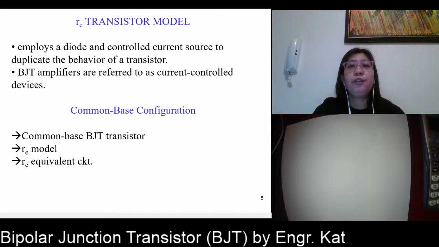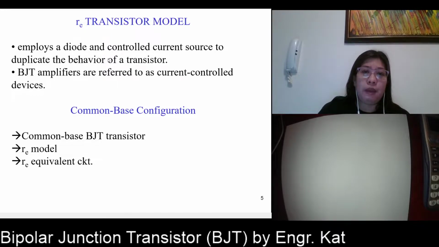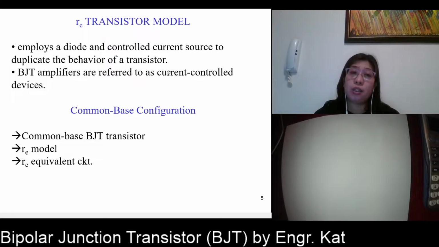The RE transistor model employs a diode and a controlled current source to duplicate the behavior of a transistor. So your BJT transistor will be modeled by a diode and by a controlled current source.